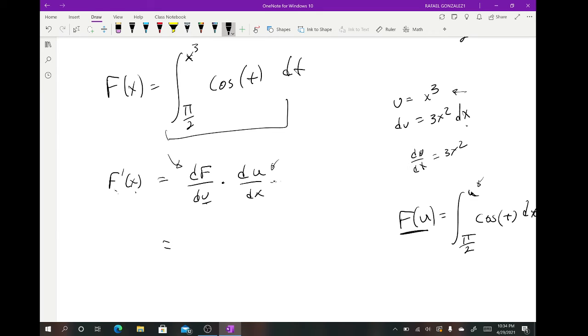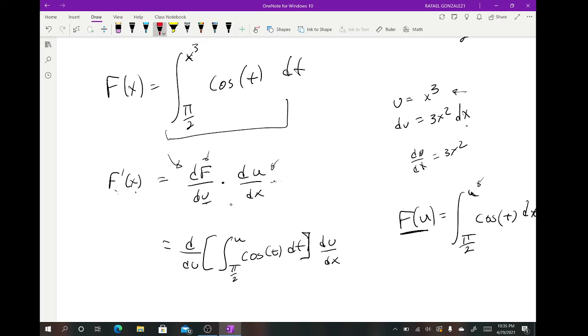I know what df du is. It comes from my f of u. So I have the derivative with respect to u of the function f. My function f with respect to u is the integral from pi over 2 to u of cosine of t dt, times du dx.